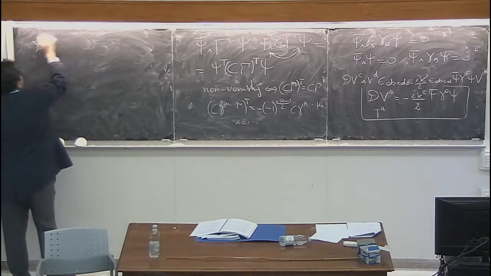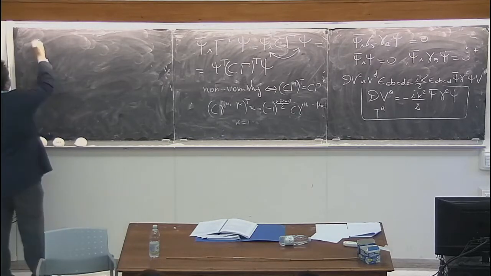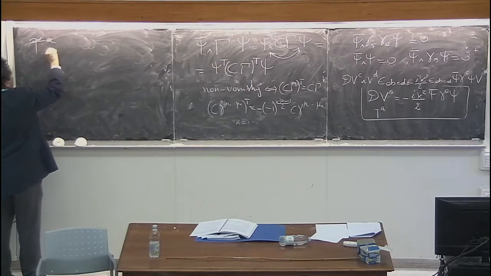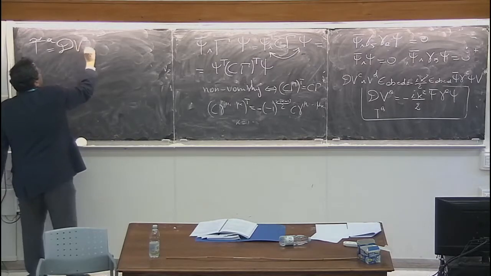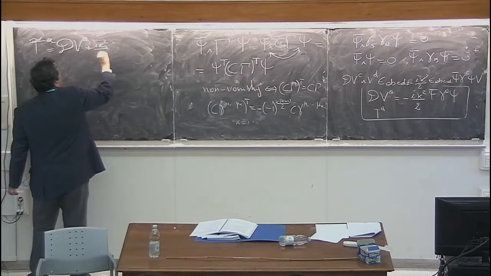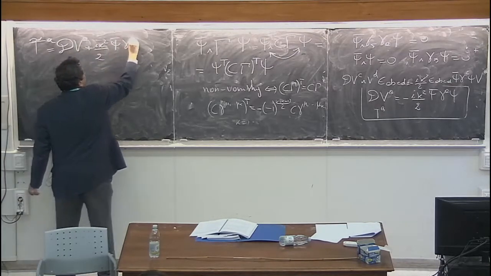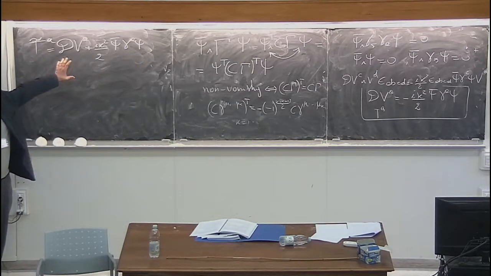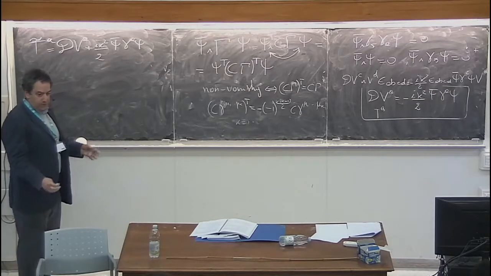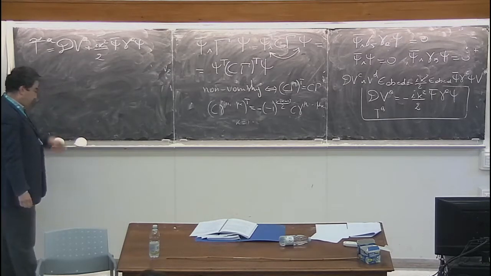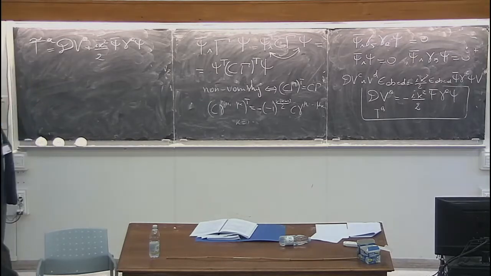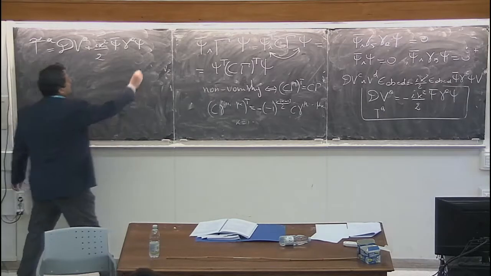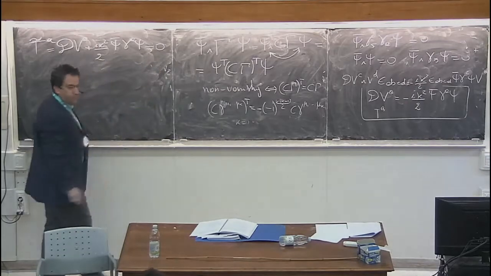The super torsion, T tilde A, which was dVA plus i kappa squared divided by 2 psi bar gamma A psi. This is what we call the super torsion, in our geometrical description of local Poincare invariance.